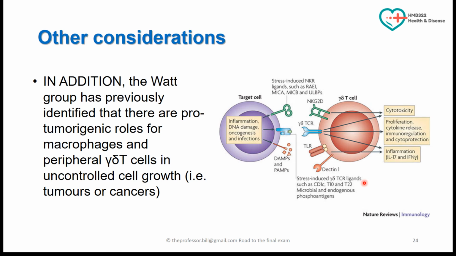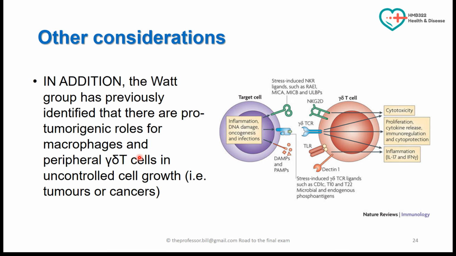She passed away just a few months ago, and she is the immunologist that actually started examining these really interesting gamma delta T immune cells. So Professor Fiona Watt's group was actually the first to identify that there might be a set of immune cells that are actually pro-tumorigenic. Again, that didn't make a lot of sense. How can immune cells actually promote the formation of tumors?